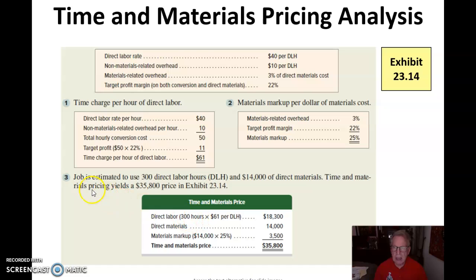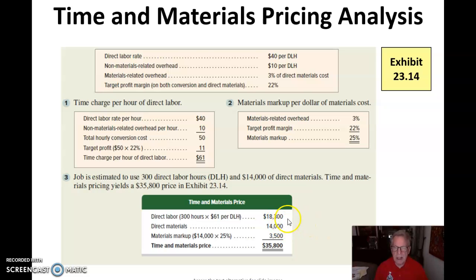So if our job is estimated to use 300 direct labor hours and $14,000 of direct materials, our time and materials pricing is going to yield a $35,800 price. How do we get that?